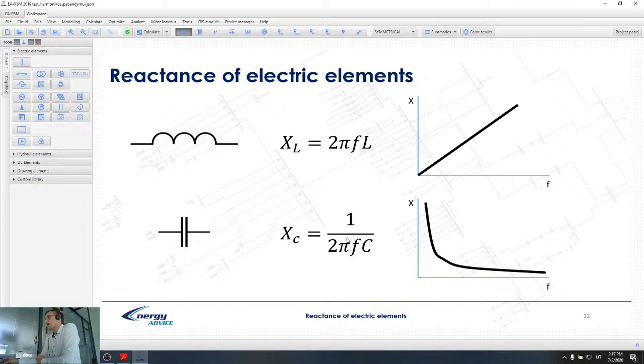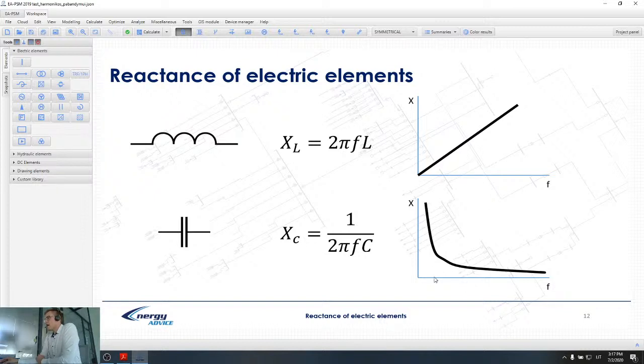And we can see that now frequency is in the lower part of the equation, which means that when we have bigger frequency, the reactance of the capacitor goes down for the bigger frequencies. And here is the graph representing the reactance of the capacitor for different frequencies.